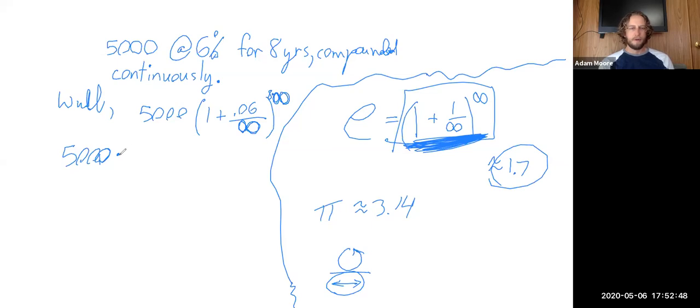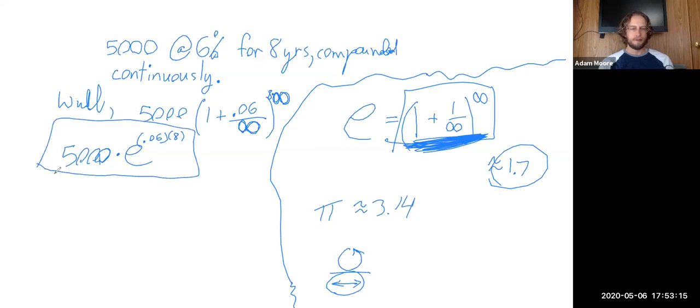So we say, just take 5,000 times e, because it's everything I need. The only thing it doesn't account for is that the interest rate is 6% and that it's 8 years' worth. So we take 5,000 times e, and then we adjust the exponent a little bit: to the power of the 0.06 interest rate times 8 years.